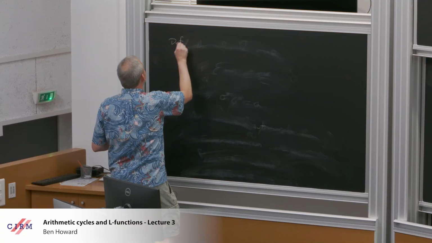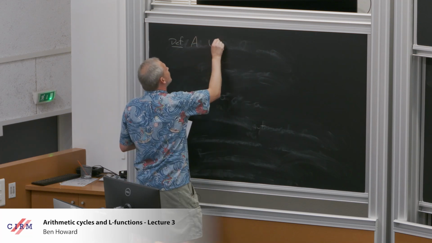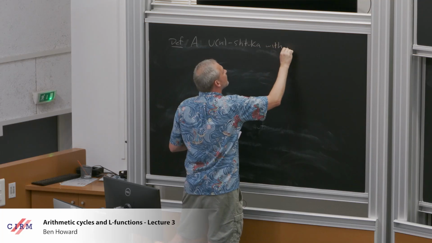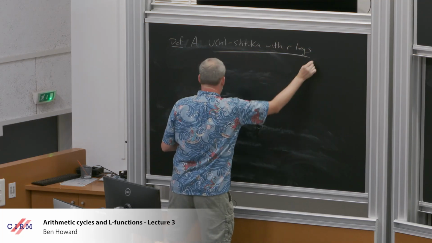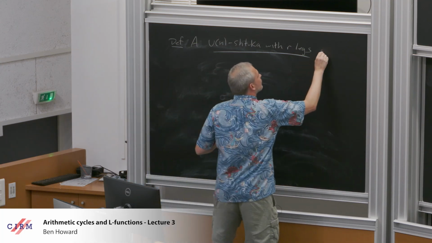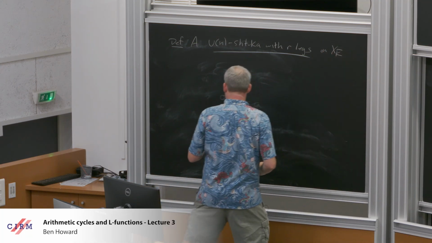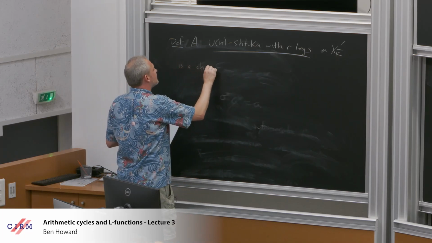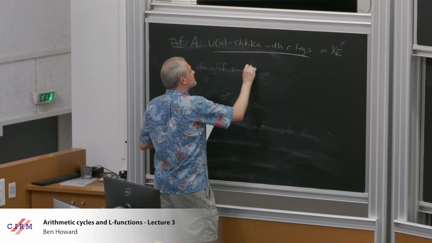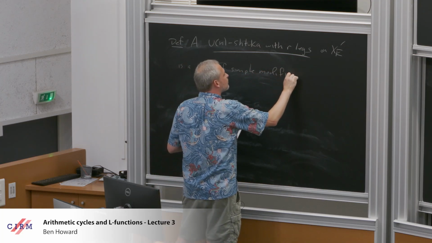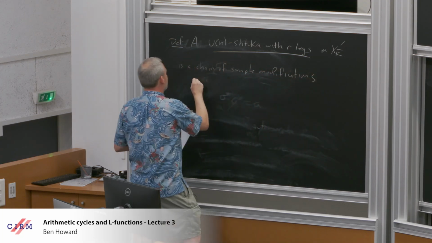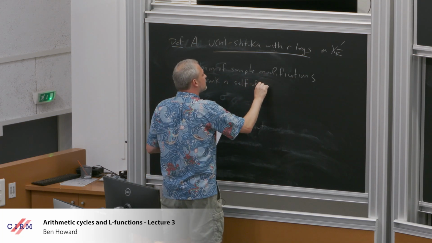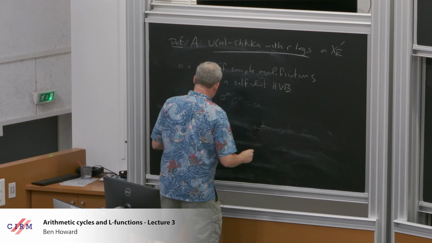So, definition: a U(n) shtuka with r legs on X k bar, X prime k bar is a chain of simple modifications of rank n self-dual Hermitian vector bundles.